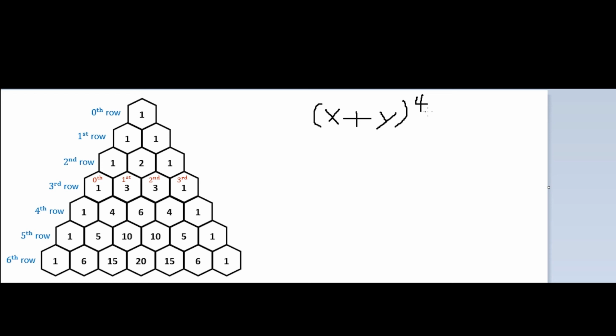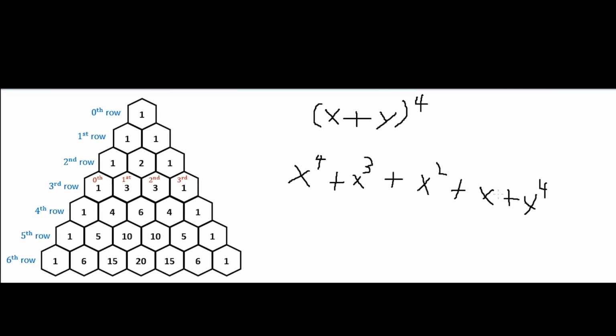Now, when we have binomial equations that go to much higher powers, the way that we expand them is by just doing x to the 4th plus x to the 3rd plus x to the 2nd plus x plus y. And then what happens is we're actually going to put in our y's going back in order, so we add another y, and then the y just goes in decreasing order from the other side. So it's going to look like this.